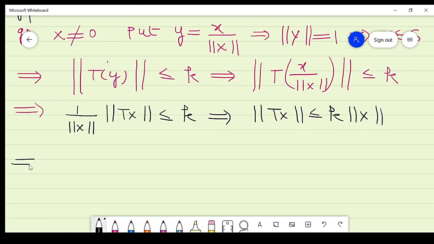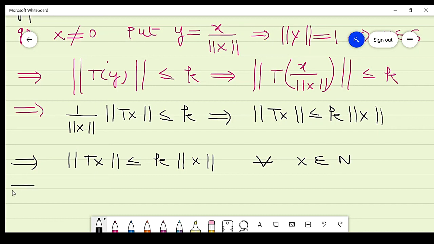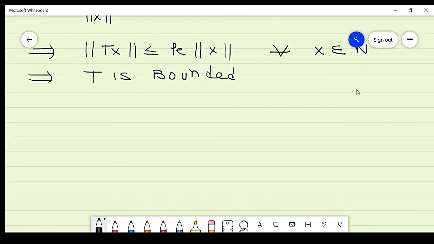So it implies norm of Tx is less than or equal to k into norm of x for every x belongs to N. So it implies T is a bounded operator. It means all the 4 statements are equivalent.